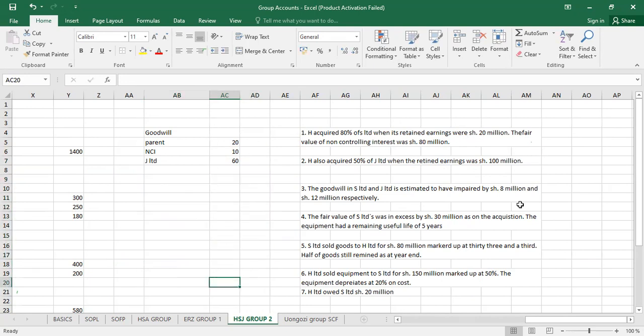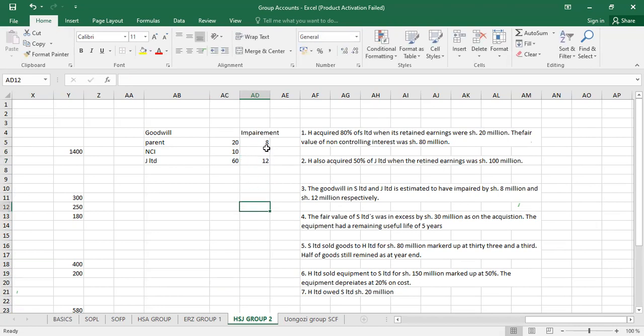So remember, we are here, and we have done this one. Then we have been told goodwill in S and J is estimated to have impaired at 8 and 12 million respectively. This one is 8, and this one is 12. Remember, this 8 is for both the parent and the NCI.